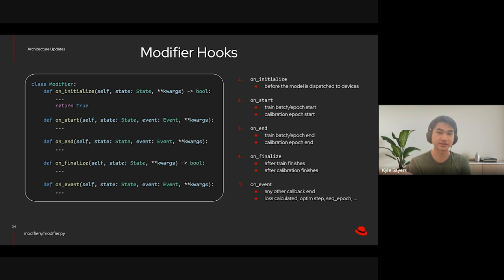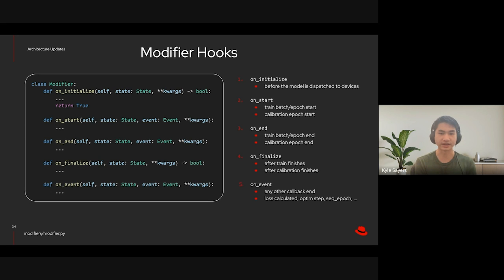Similarly, on end is a similar idea: during training, this might happen during the end epoch that you specified on the modifier, and for calibration, this happens after you've done a full run through of the data set to calibrate it.